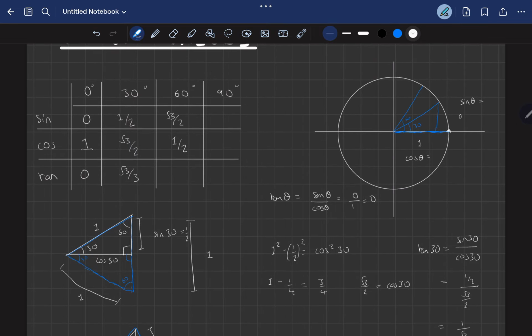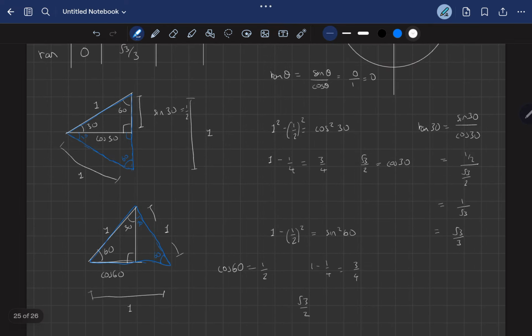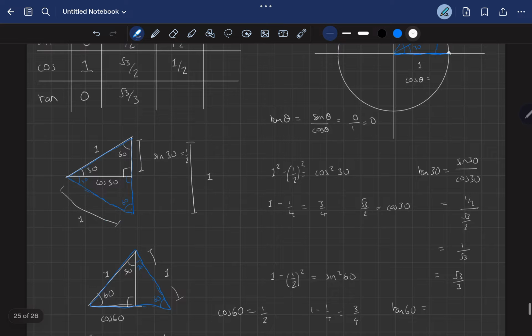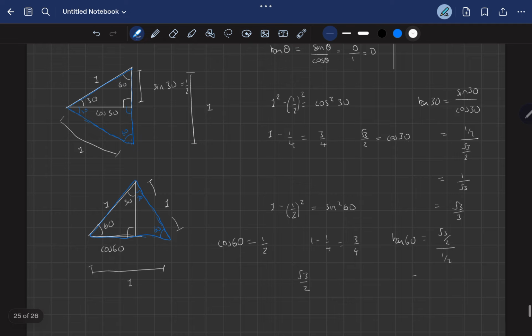Now notice it's just these two reversed, which is actually important when we go on to find further trig identities. Now find tan 60 by doing the division. Tan 60 is equal to root 3 over 2 over 1 over 2. Times top and bottom by 2, and you get root 3 over 1, which is root 3.